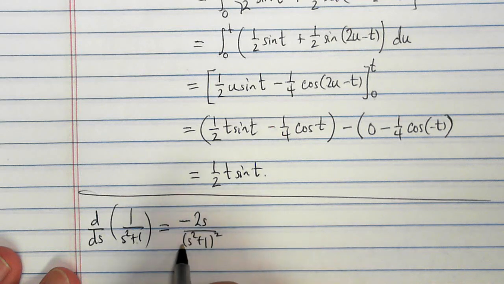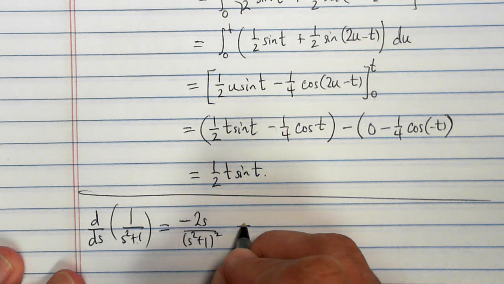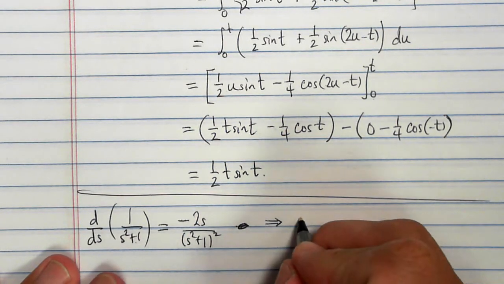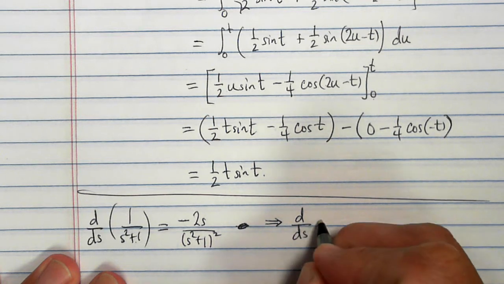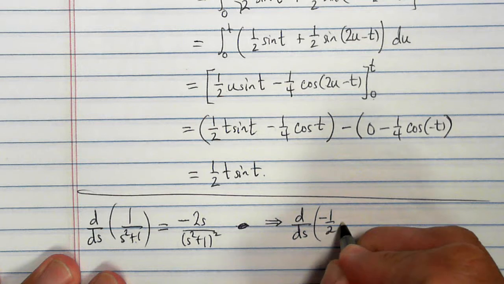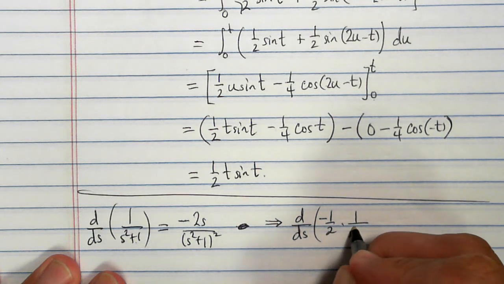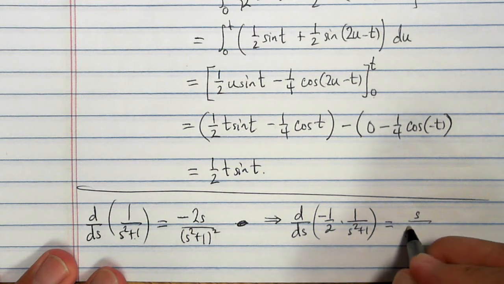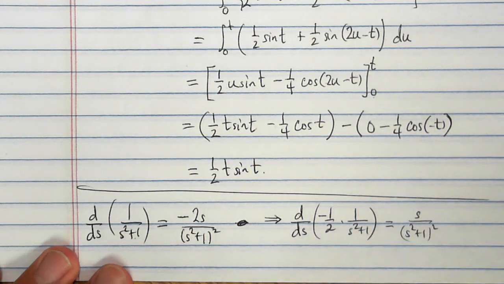Now that's basically what I want, except for the minus 1/2. And so that implies that the derivative of negative 1/2 times 1 over s squared plus 1 is equal to s over (s squared plus 1) squared.